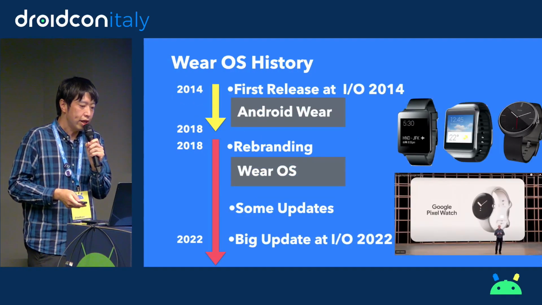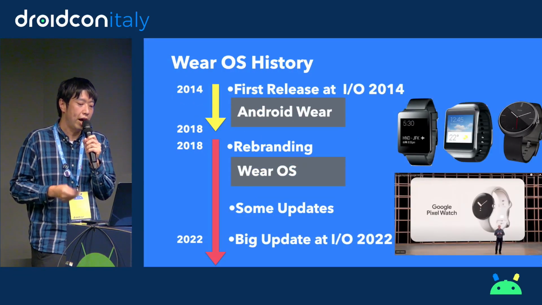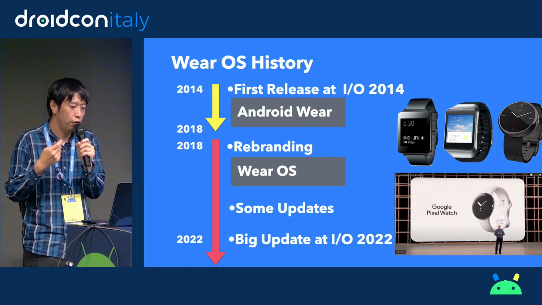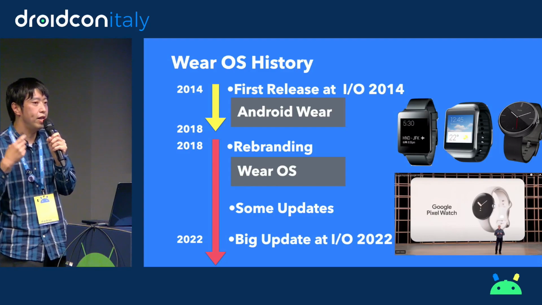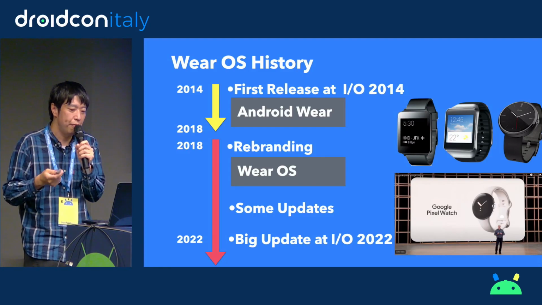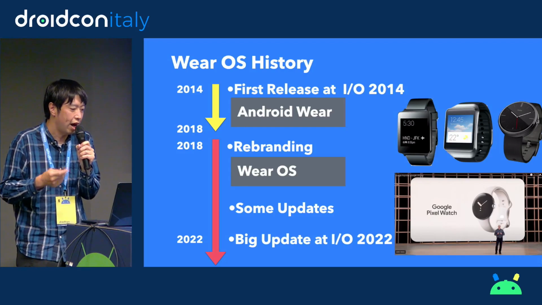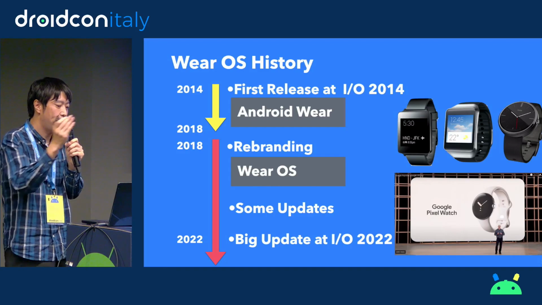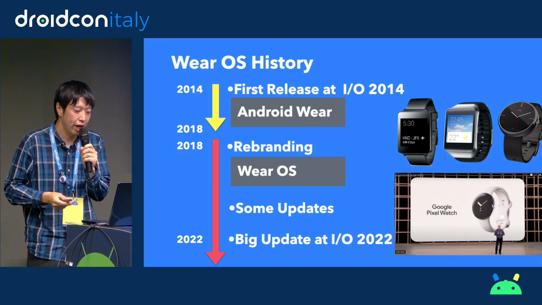Okay, here is a history of Wear OS. As you know, Wear OS started as Android Wear in 2014. It's just 8 years ago. 4 years later, it was rebranded as Wear OS. After that, day by day, some attractive features were added to Wear OS.